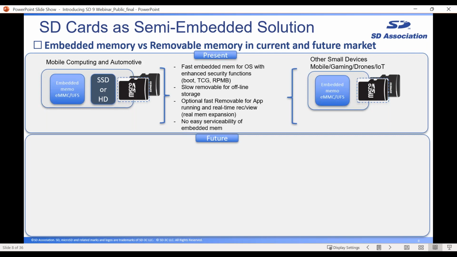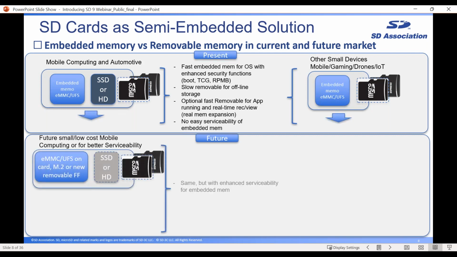But this is the usual case which is shown. On the right side, we see other small devices like mobile phones, gaming, drones, and IoT. This is a similar case, but without the hard disk or SSD. Now, let's see what may happen in the future.